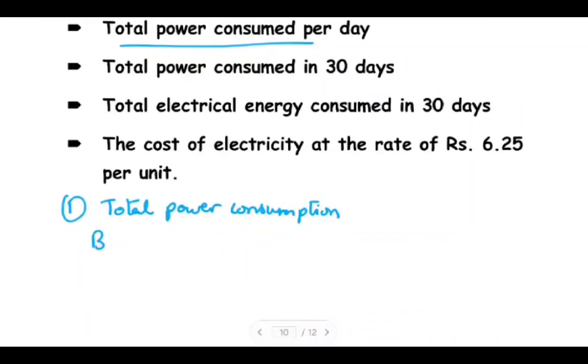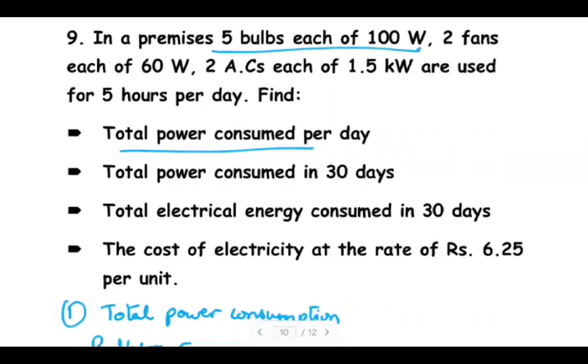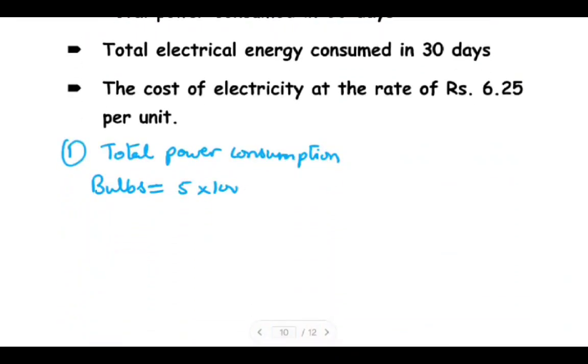Bulbs, how many bulbs? 5 bulbs for 100 watts is equal to 500 watts.